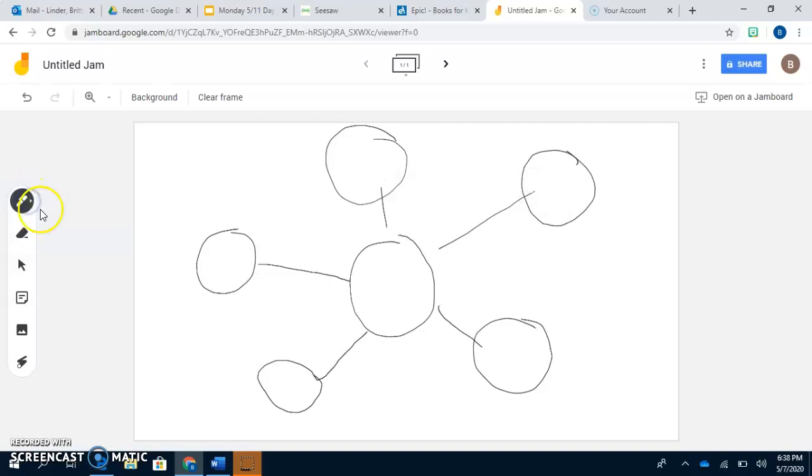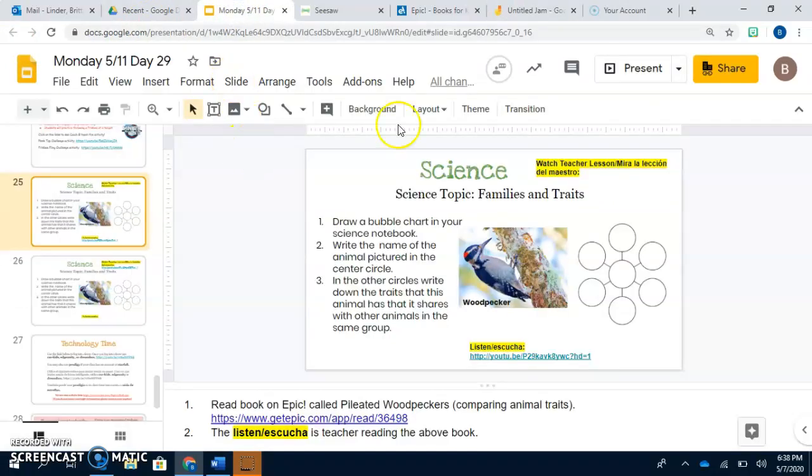So we're going to put woodpecker in the circle. And then we're going to put the shared traits it would have. So we put the beaks. So we can put beaks in this. Okay, and then you would just fill out the rest of the circles on your own. That's just an example.